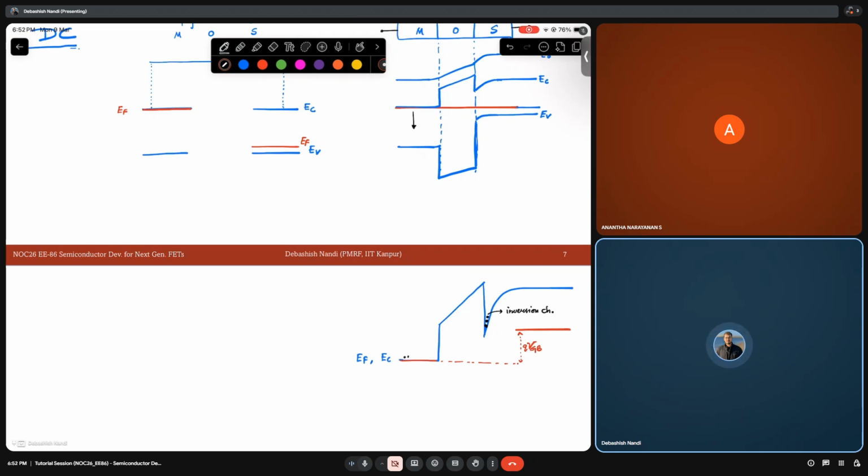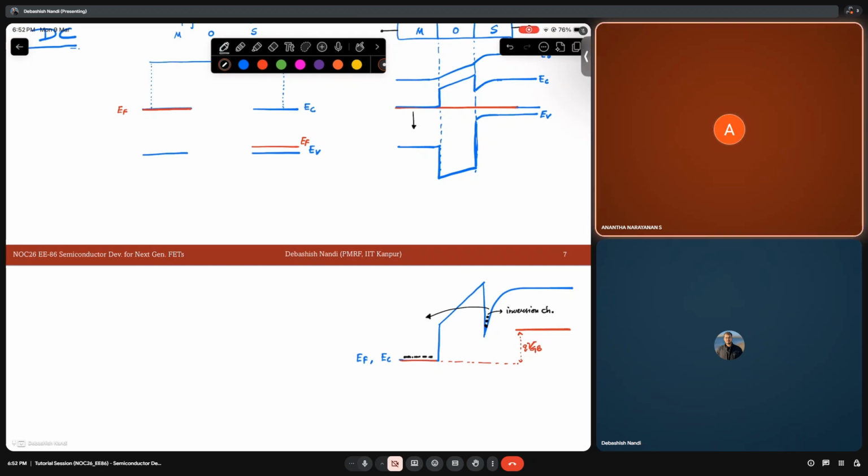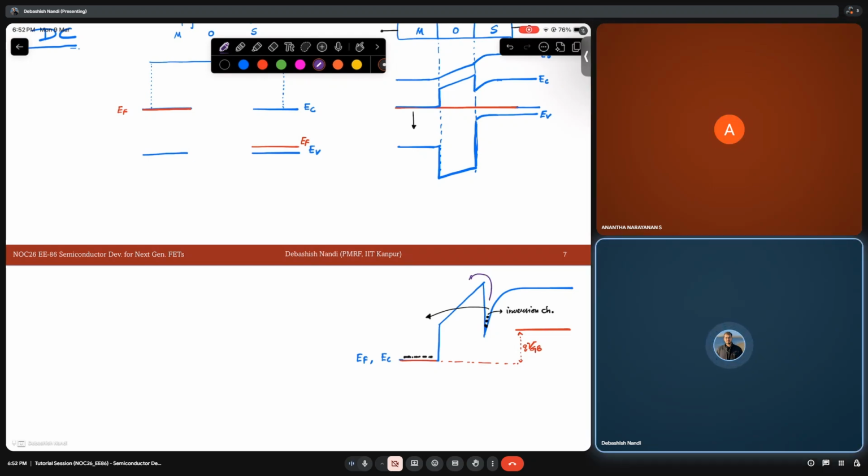And here also in metal, you can have vacant states for electrons to go. So can electrons go from this place to this place? Sir, but it's still a barrier, right, sir? There is a barrier, right? So there is a thermionic emission present, but very less.